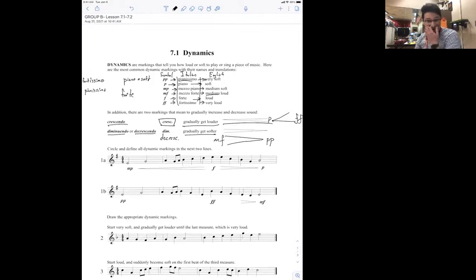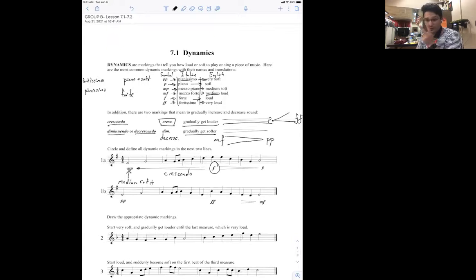So take a second now to look at 1A and 1B, circle and define all of those dynamic markings in the next two lines. Let's do 1A together really quick. So mezzo piano, MP, we know that symbol matches mezzo piano, which means medium soft. This symbol starts small and then it gets bigger, so we know that that is a crescendo.